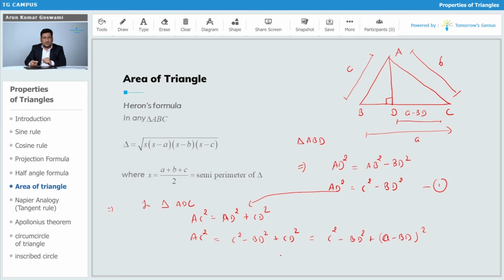If I open it, what I'll get is AC square is equal to c square minus BD square plus a square, opening a minus BD whole square, so a square plus BD square minus 2a BD. You can see here BD square will be cancelled out.